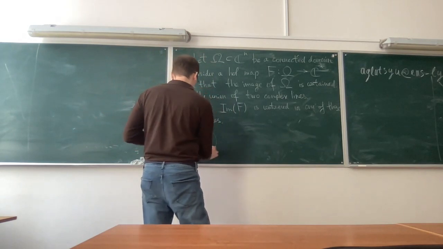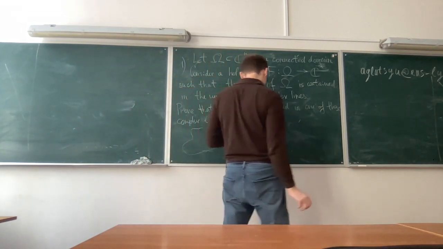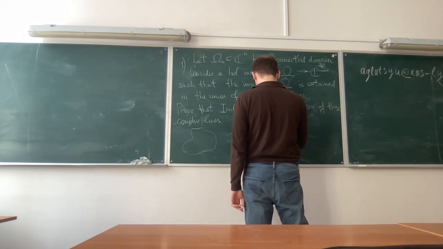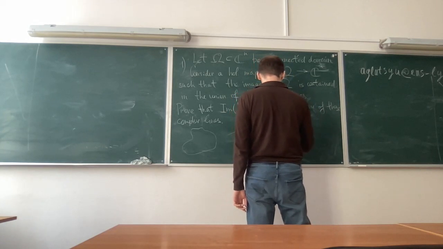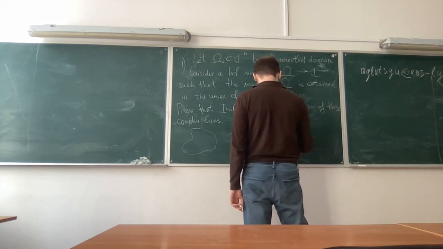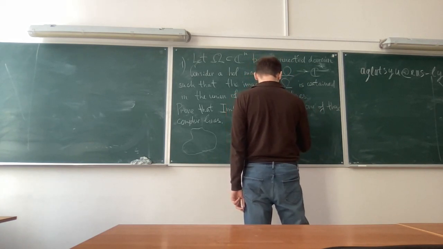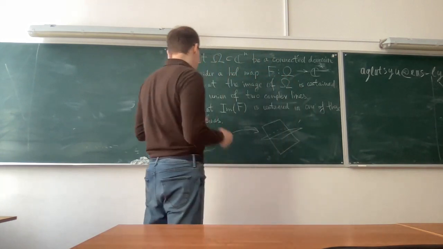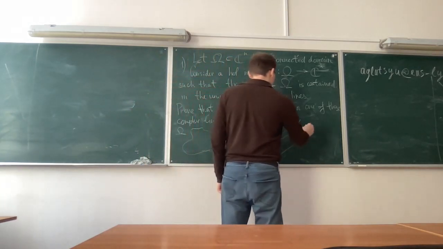So we have an open domain, which is mapped into, say, the union of the complex lines. Let's denote them by C1 and C2.